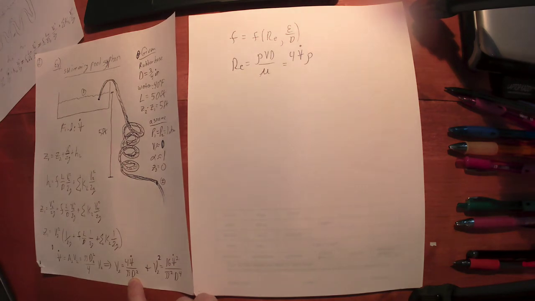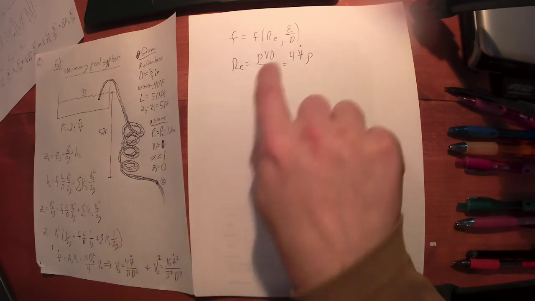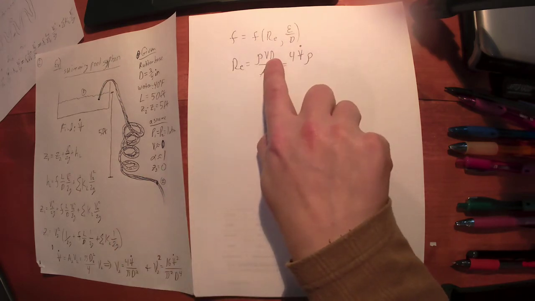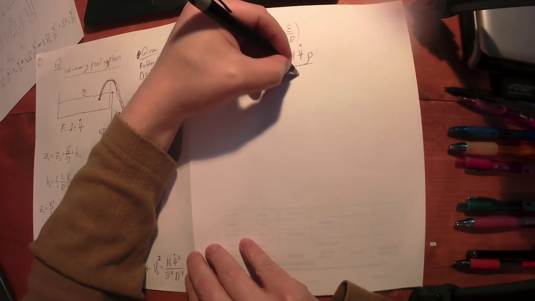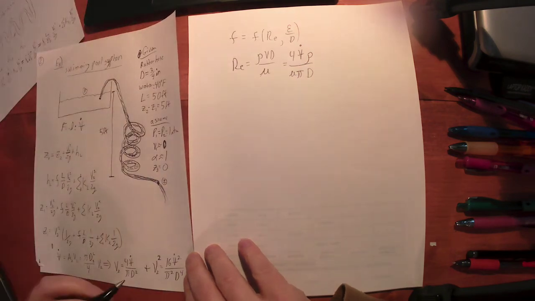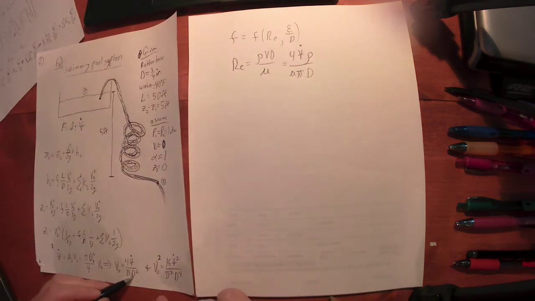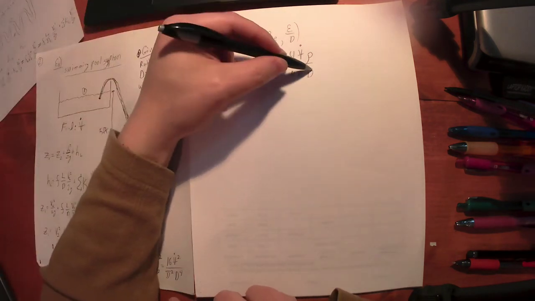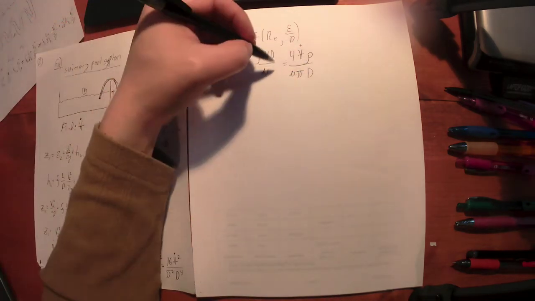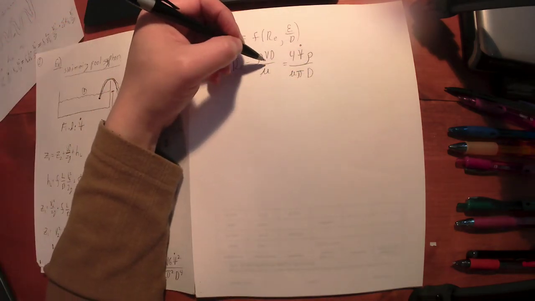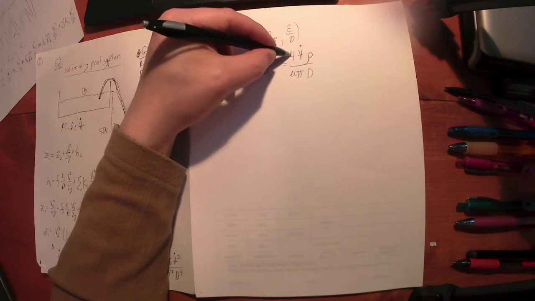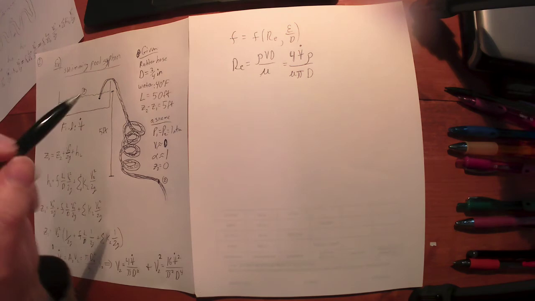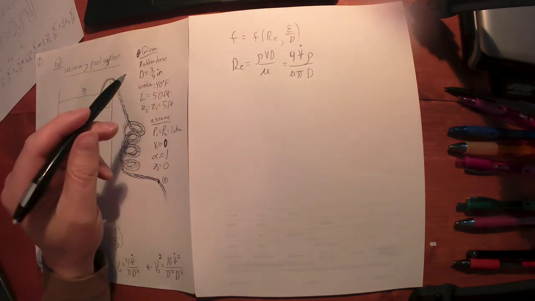Now I'm plugging this quantity in here for V. So when I do that, I'm going to get over mu pi and 1 diameter. Over here it's over D squared, and I've got 1 diameter in the numerator, so I have 2 diameters in the denominator and 1 in the numerator, so I end up with just 1 in the denominator. So this is the Reynolds number as a function of the volumetric flow rate instead of the speed.